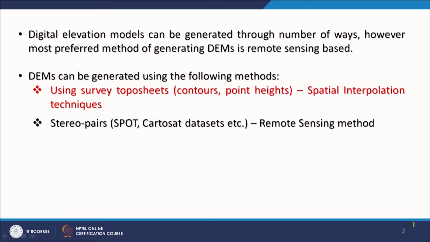And second, among the remote sensing methods, this is the first technique which was developed, and it started with SPOT. Earlier we used to have stereo pairs of aerial photographs, but not stereo pairs acquired by satellites.